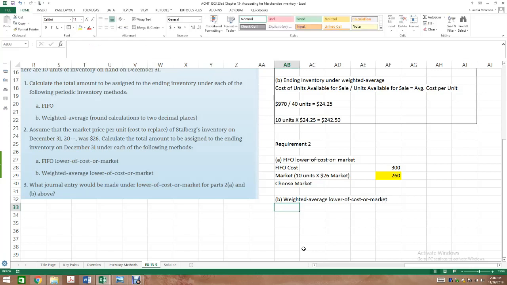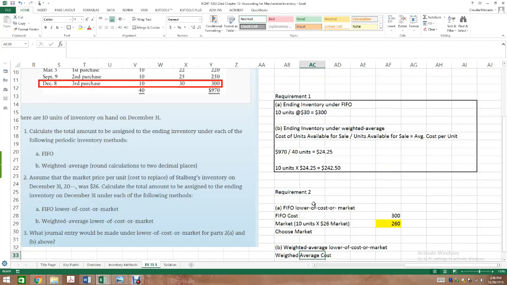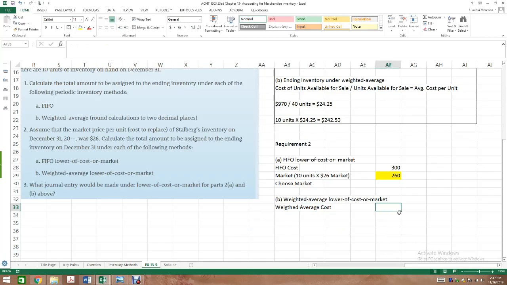Okay, so under the weighted average, my weighted average cost that we calculated in requirement 1 was $242.50. Okay, so that's the amount that we have, $242.50. Now I'm going to do the market. Okay, and the market was 10 units at $26 each.